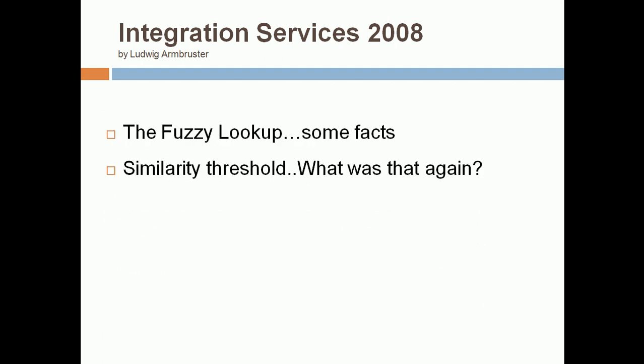Here are some facts about the fuzzy lookup. So we have the threshold, and that is basically a value you provide, and the fuzzy lookup is going to use that basically as a quality line.